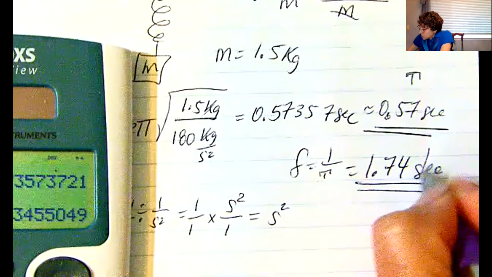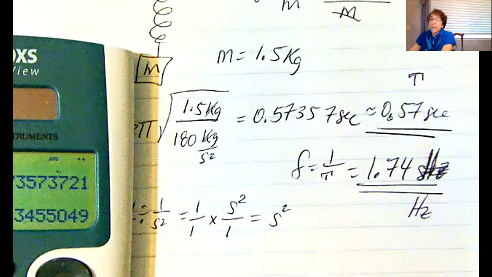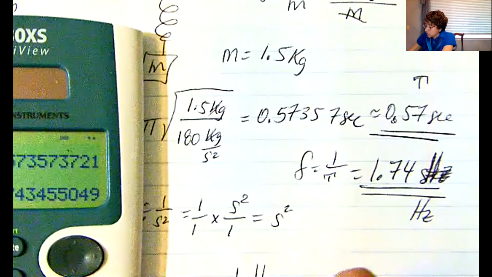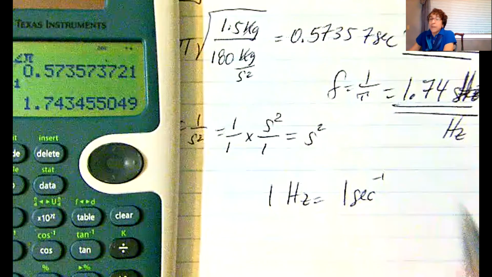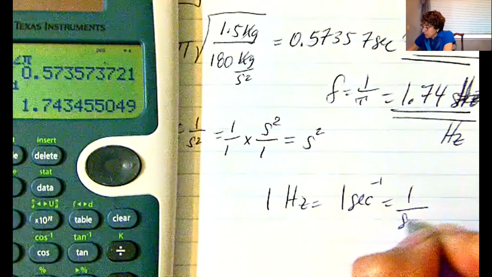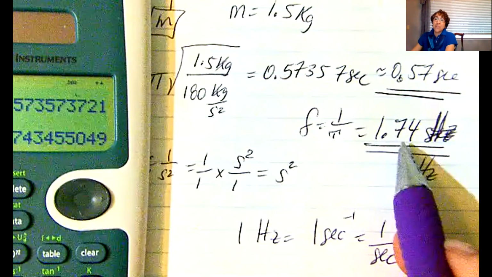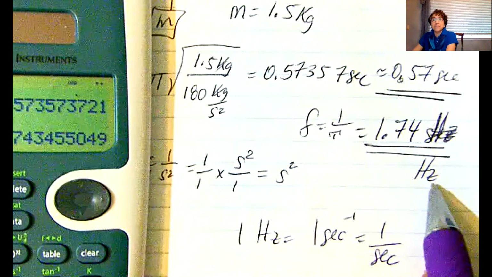I'm sorry, not seconds, hertz. Hertz is 1 over seconds. The definition of 1 hertz, you'll see it sometimes as second to the -1 or just per second. So it was able to go through 1.74 cycles per 1 second. So that's what that hertz means, okay?